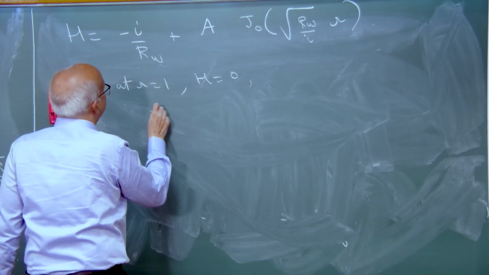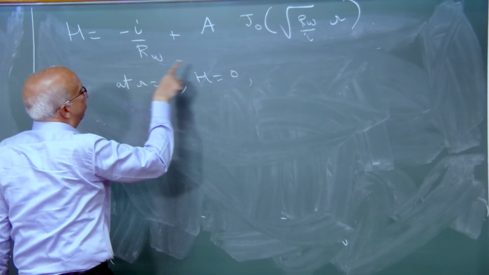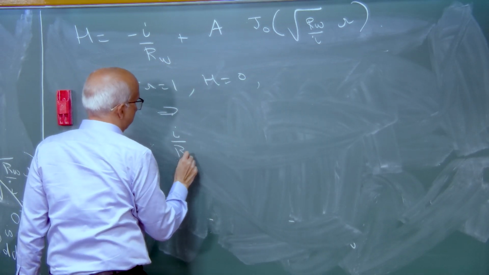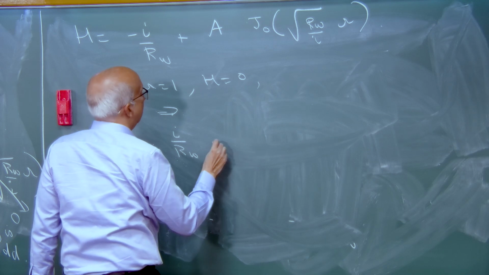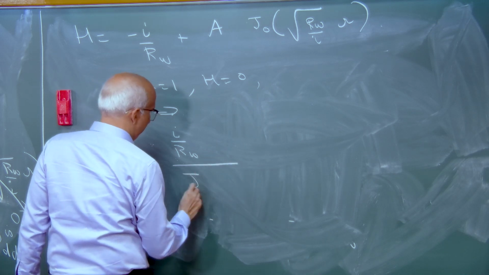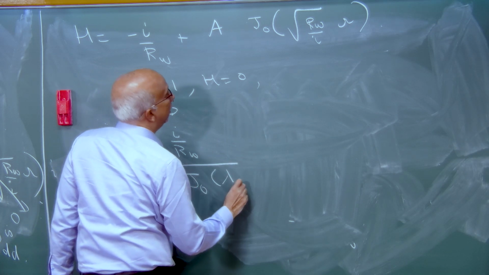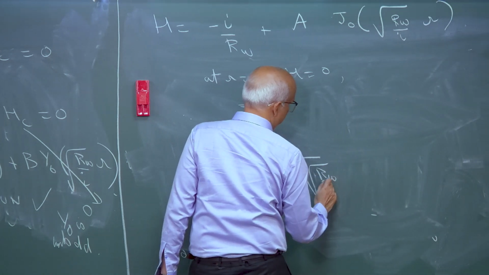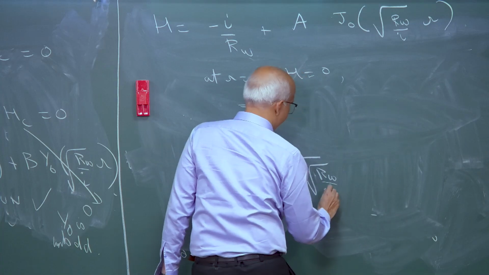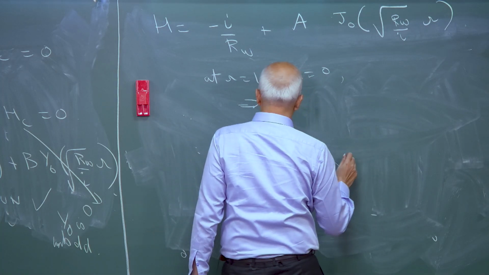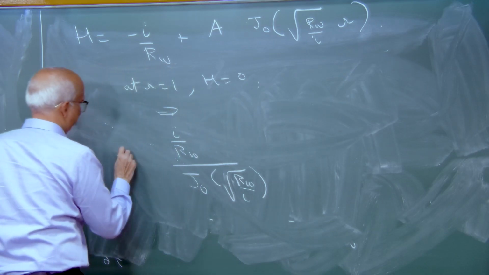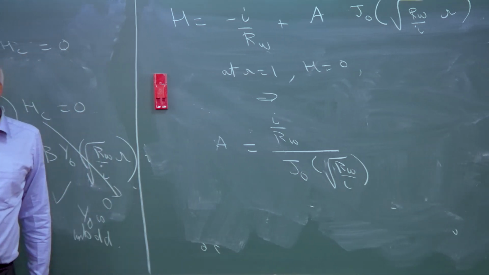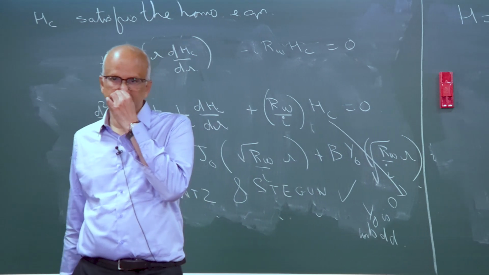Putting small r equal to 1, I get I by Rw divided by J0 of square root of Rw by I. This is A.